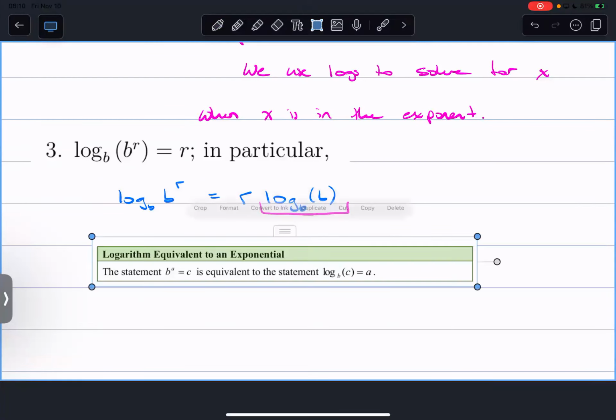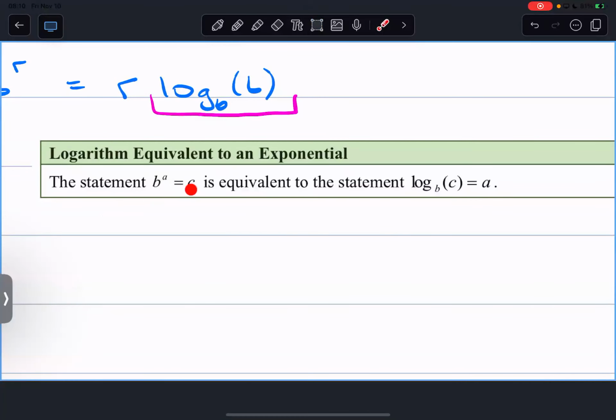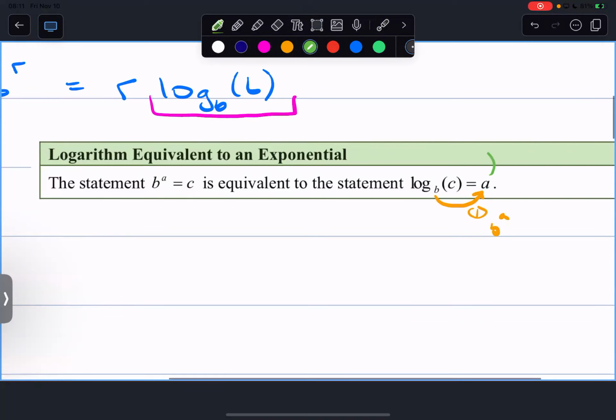Right, from here, we said that b to the power of a is equal to c is equivalent to saying that log base b of c is equal to a. And then I said, well, I had a hard time remembering this relationship. And so for me, what I think of is, this is my first loop, so b to the power of a, and then my second loop is equal to c.